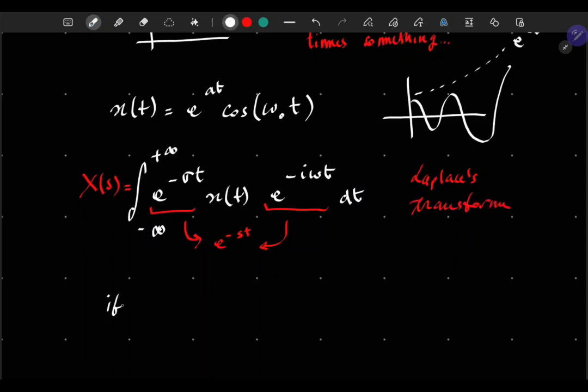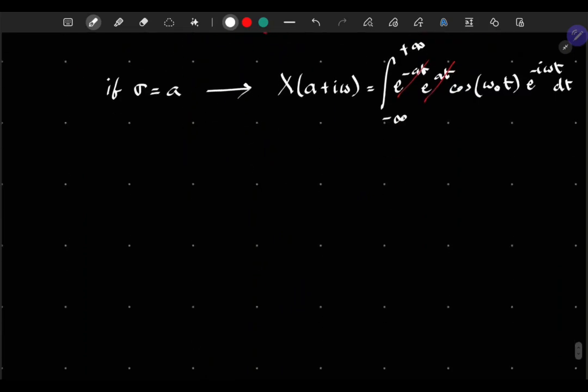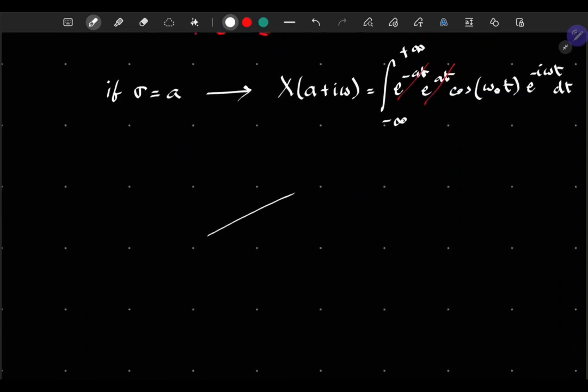Now we immediately notice that if sigma is equal to a, we are left with the Fourier transform of a cosine, which we have just seen, and we know how to solve this Fourier transform. So let us draw a representation of what we have found. Let us consider the plane where we have sigma on one coordinate and omega on the other one. Choosing sigma equal to a means basically looking at one specific line on this plane.